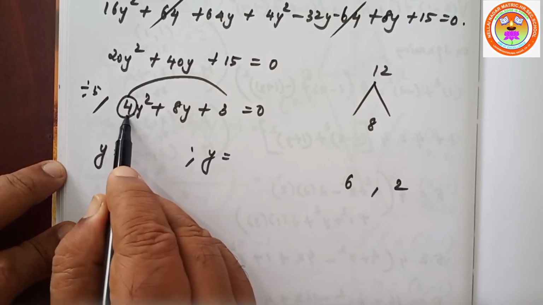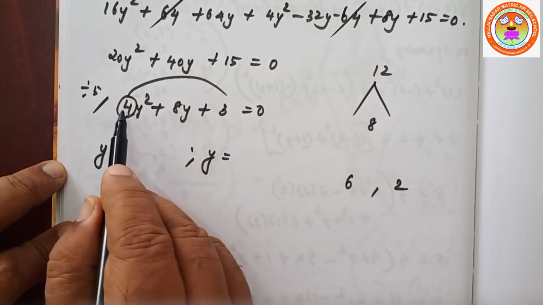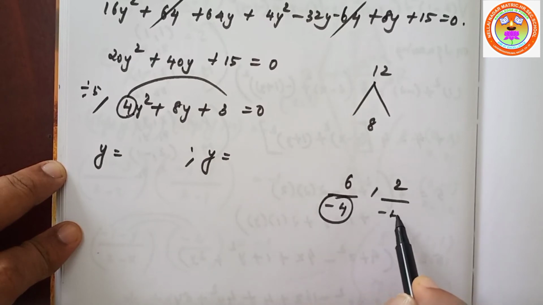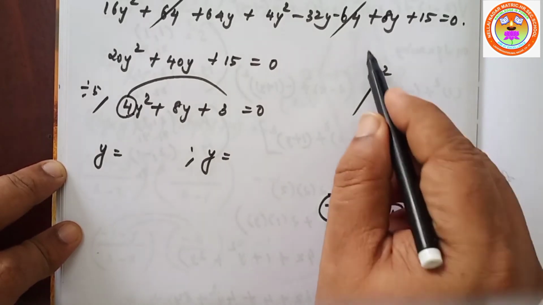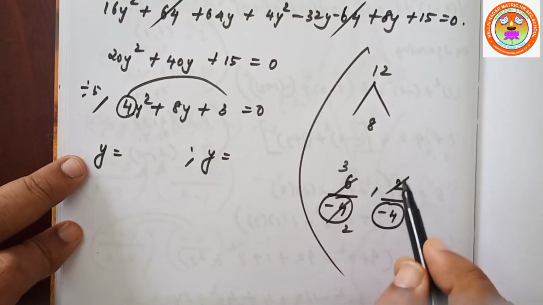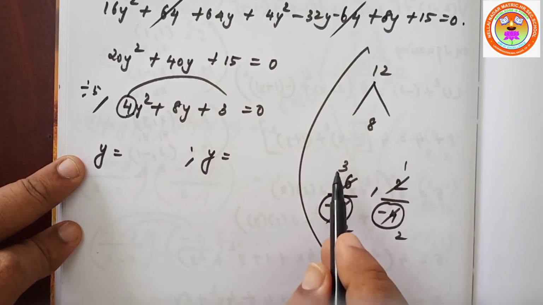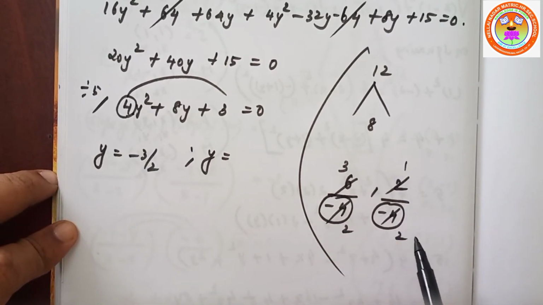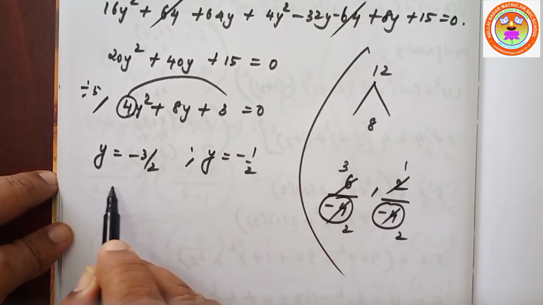The coefficient of y square here is 4. Change the sign. Plus 4 becomes minus 4. Write minus 4 in the denominator. And simplify. 2 table 2 times, 3 times, 2 table 1 time, 2 times. 3 divided by minus 2, that is minus 3 by 2. 1 divided by minus 2, that is minus 1 by 2. You got the values of y.